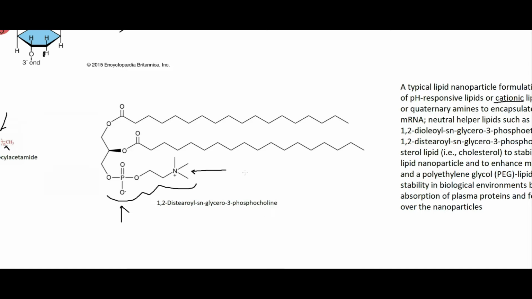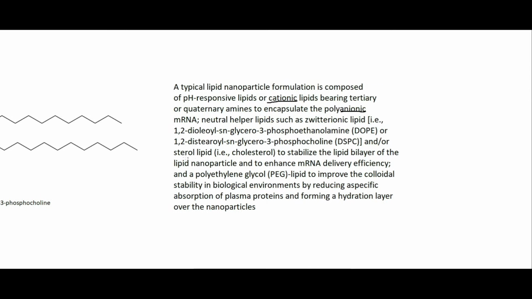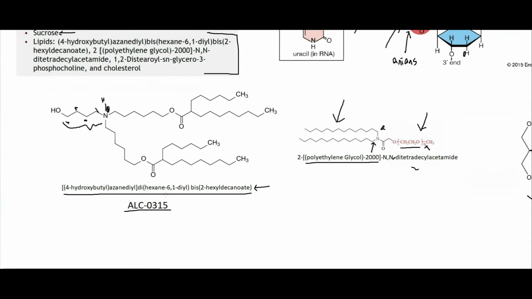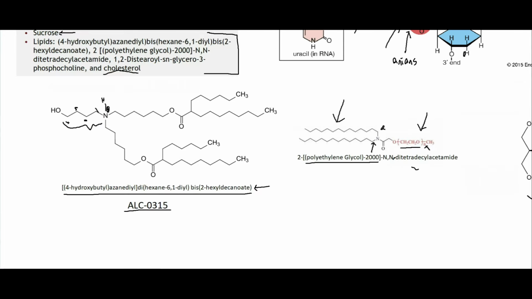This is the zwitterionic part here: the positive charged nitrogen and the negative charged phosphate in the choline part. And then there's a sterolipid, i.e. cholesterol. I don't have a structure of it here, but this does say that cholesterol is part of the lipid ingredients in there.